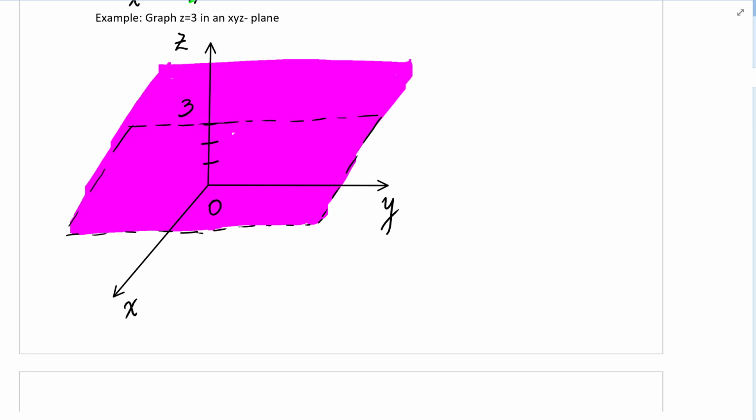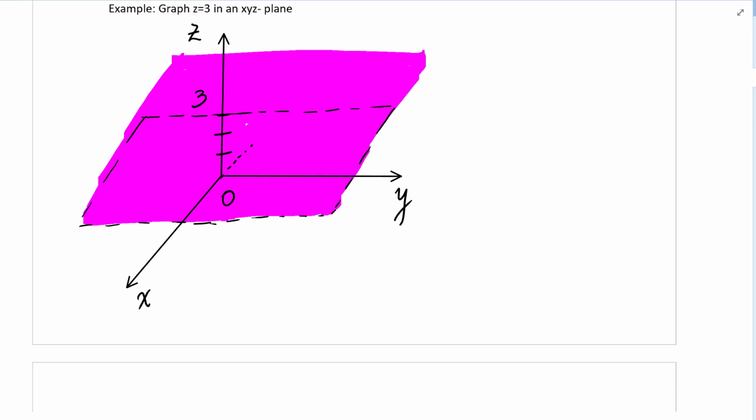And it looks like this to cover the negative values for x as well. So the graph of z equals 3 would be all this purple thing that is parallel to the plane of x, o, y. But I extended it because we want the negative as well.